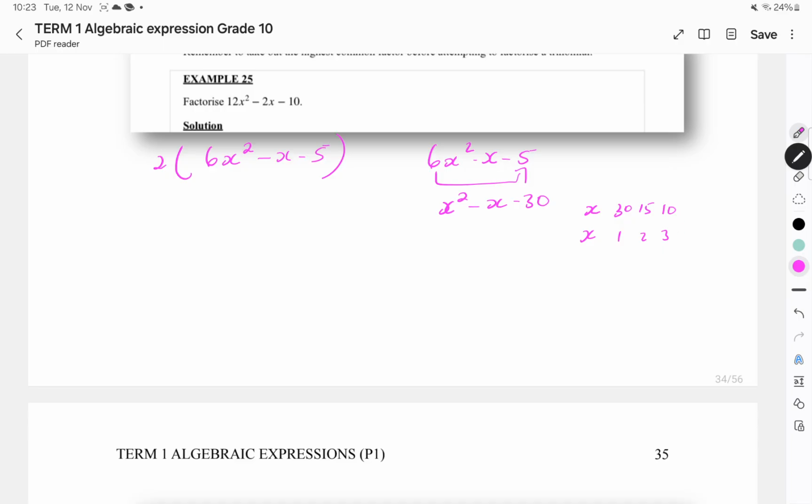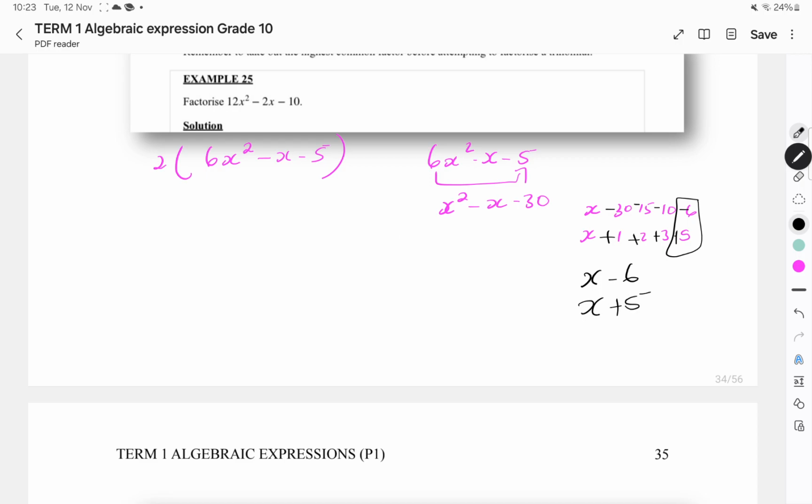So it's 5 and 6. The bigger number will take the sign of the middle term, so the bigger is minus and the smaller is plus. Which one will give you the combination of minus 1? It's x minus 6 and x plus 5.